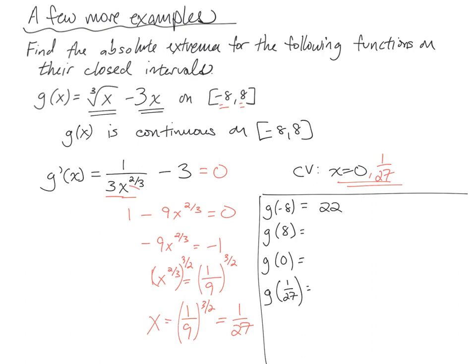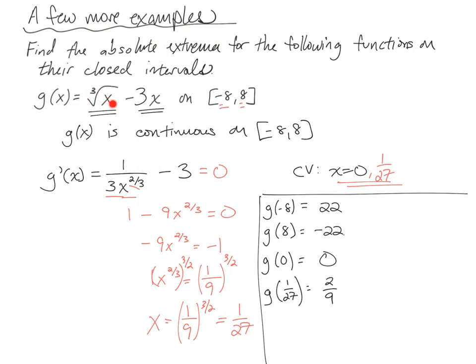And we can do something very similar for 8. We can substitute in 8 and get -22. We can substitute in 0 and get 0. We can substitute in 1 over 27 and get 2/9. So how that works very quickly, 1 over 27, we could take the cube root of 1 and get 1, and the cube root of 27 and get 3.